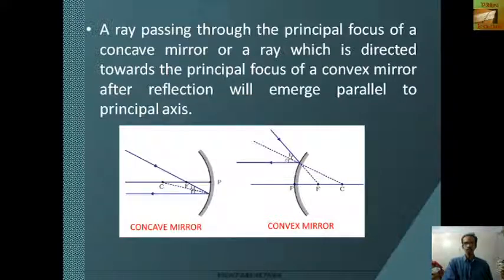As shown in this figure, when the light ray passes through the principal focus, it gets reflected parallel to the principal axis. Similarly, in the case of convex mirror also, a ray which appears to be converging to the principal focus will get reflected parallel to the principal axis.